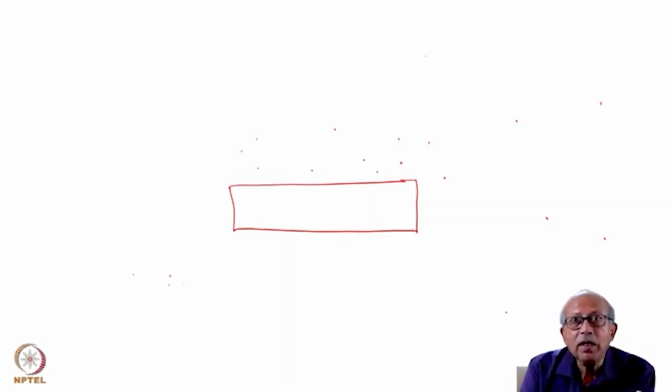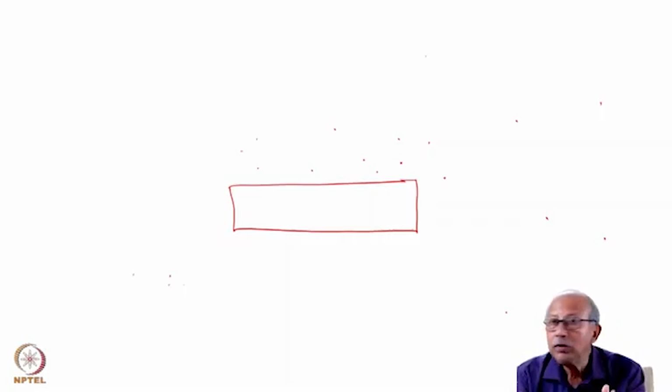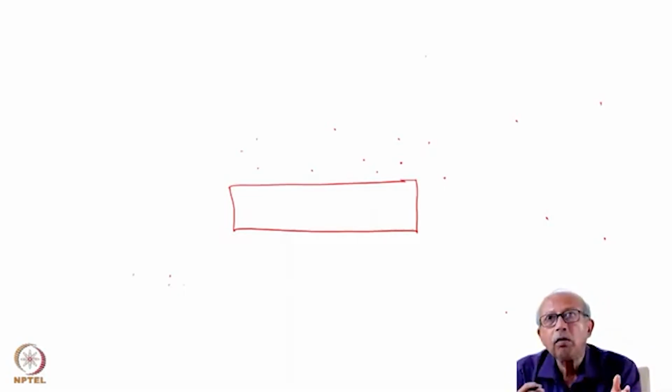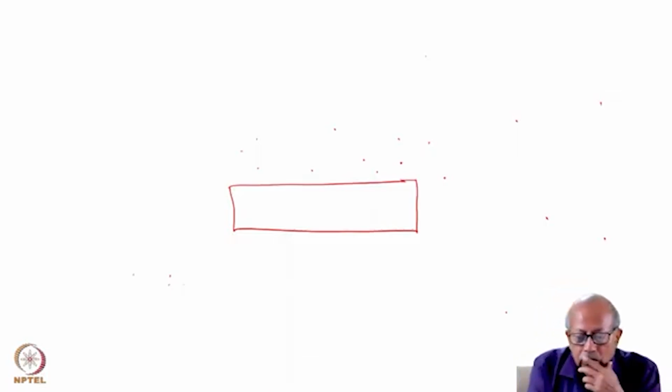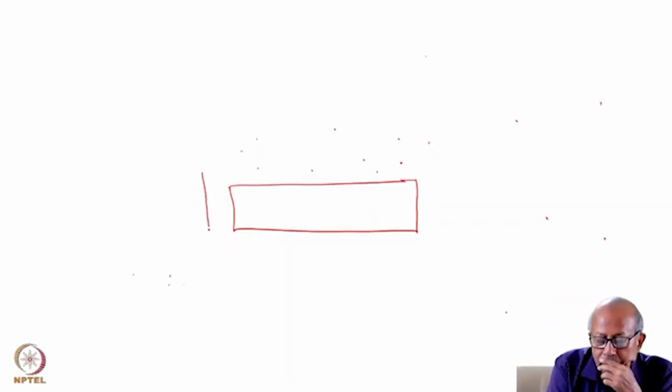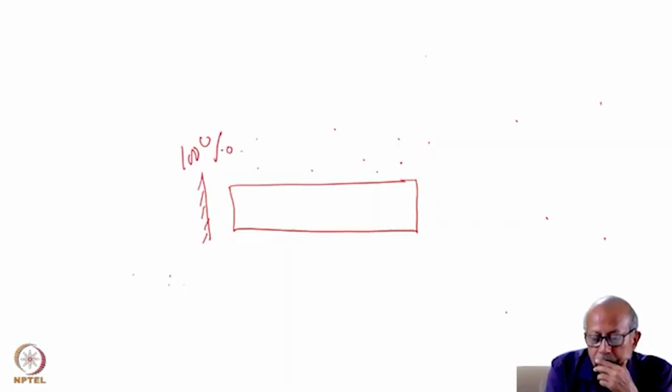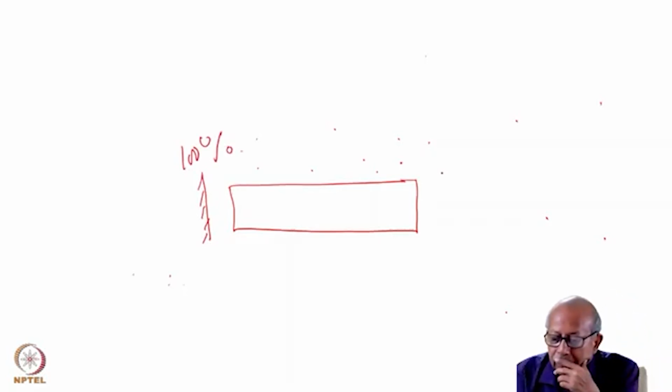And the cavity comprises two parallel mirrors. We have studied them pretty well in a number of earlier lectures. So one of the mirrors is a 100% reflecting mirror, and the other mirror is usually a partially transparent mirror.